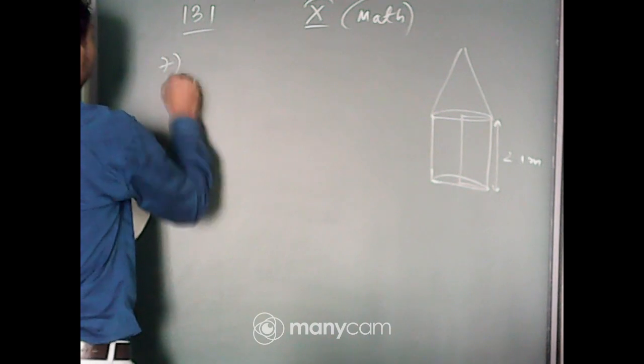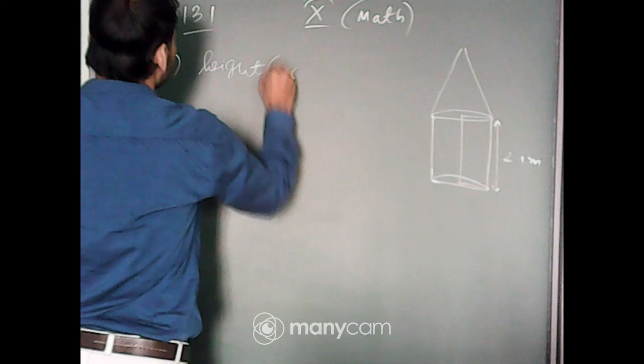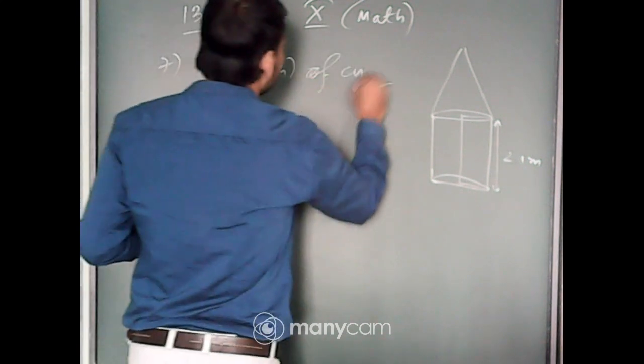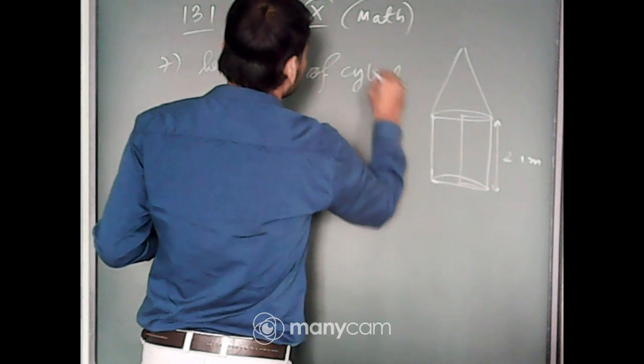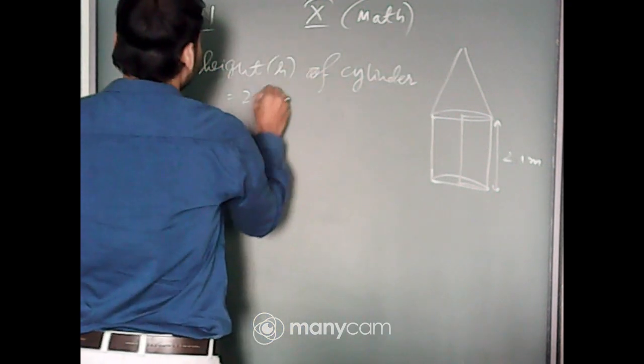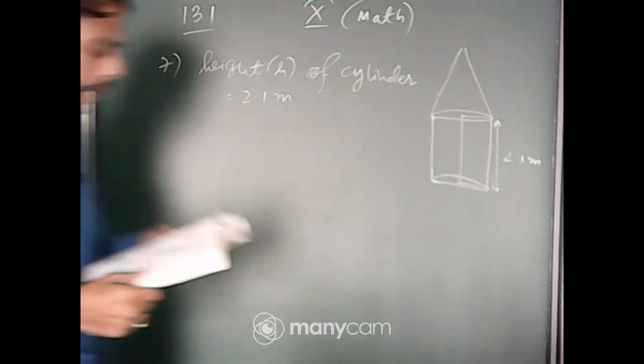Question number 7. The height h of the cylindrical part is 2.1 meter, and the diameter is 4 meter.